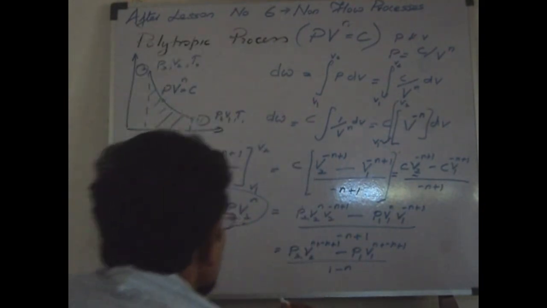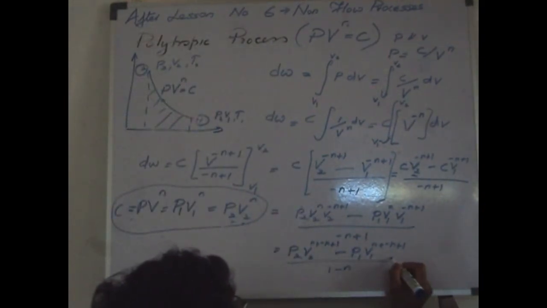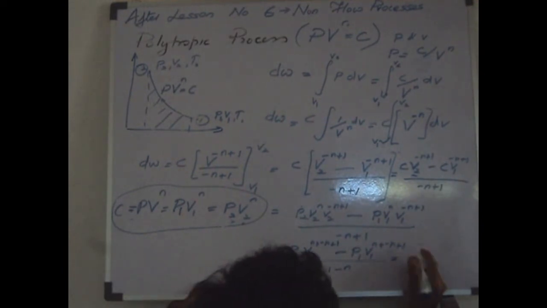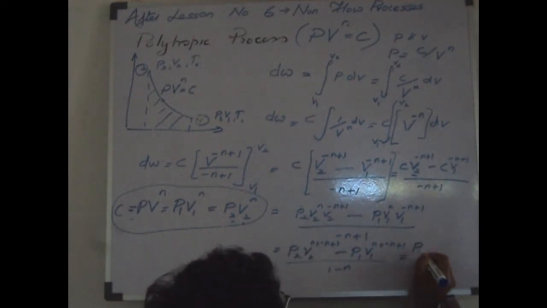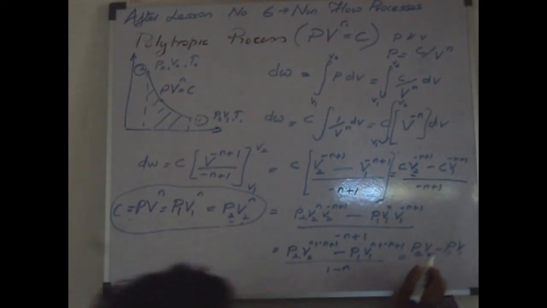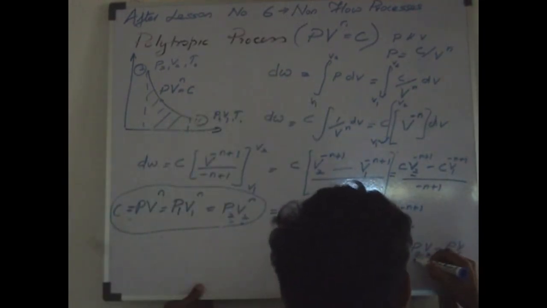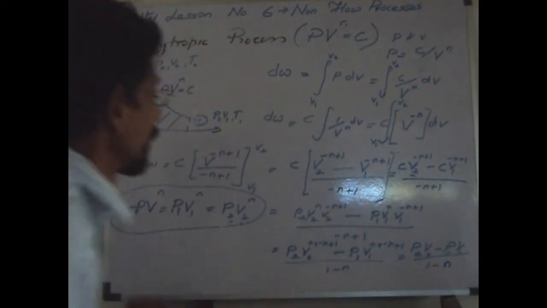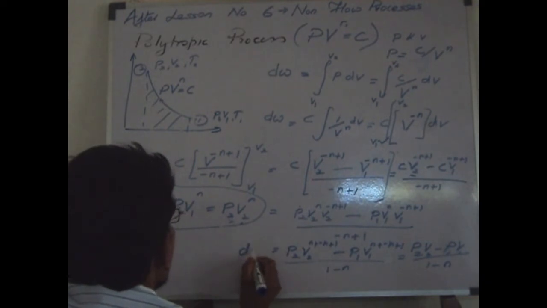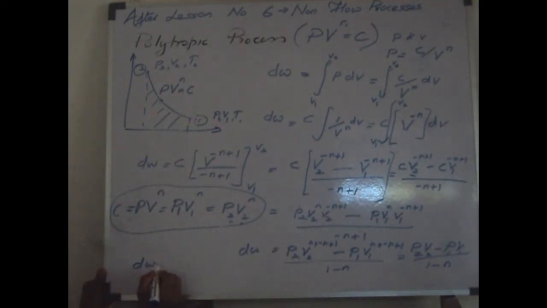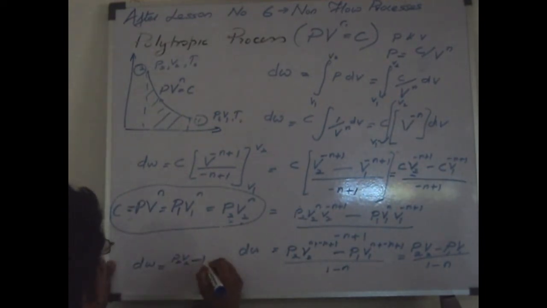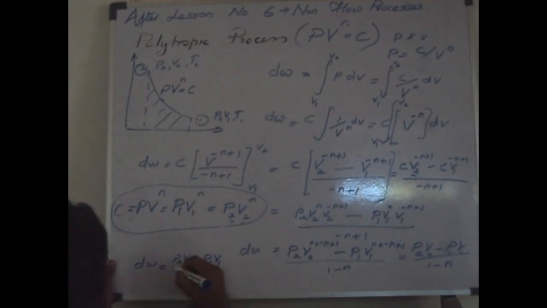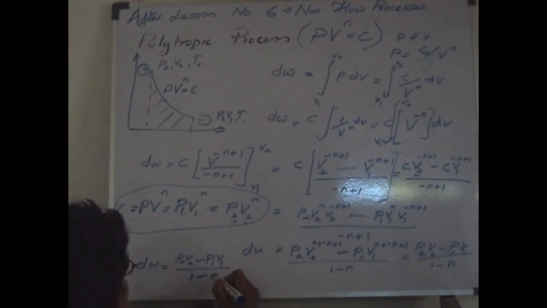Then that is equal to P2 V2 minus P1 V1 over 1 minus n. Very simple. Now finally dW is equal to P2 V2 minus P1 V1 divided by 1 minus n.